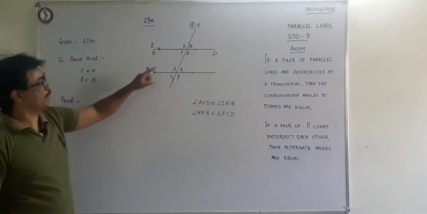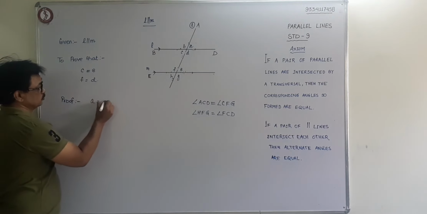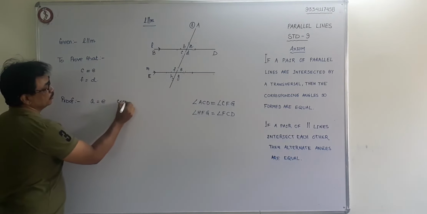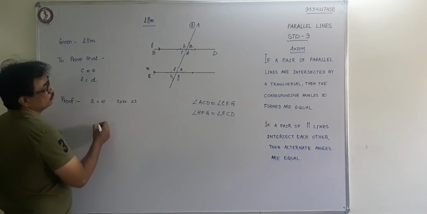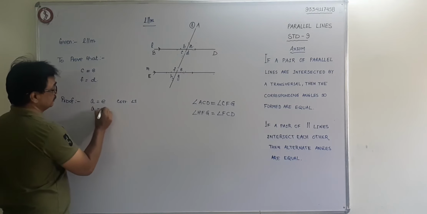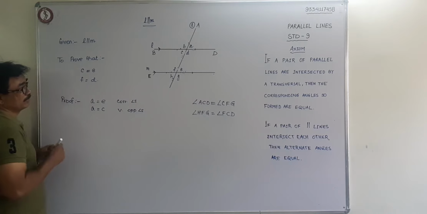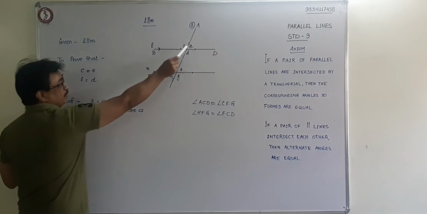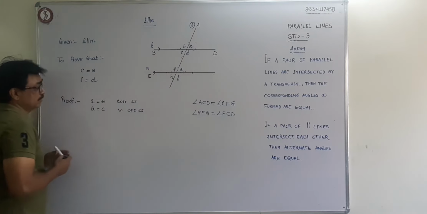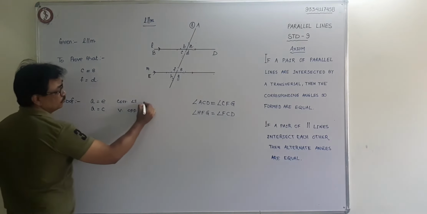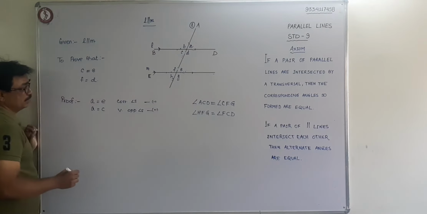Now what will happen? Angle A will be equal to angle E by corresponding angles, and angle A will be equal to angle C by vertically opposite angles. Have a look. Now things which are equal to the same thing are equal to one another.